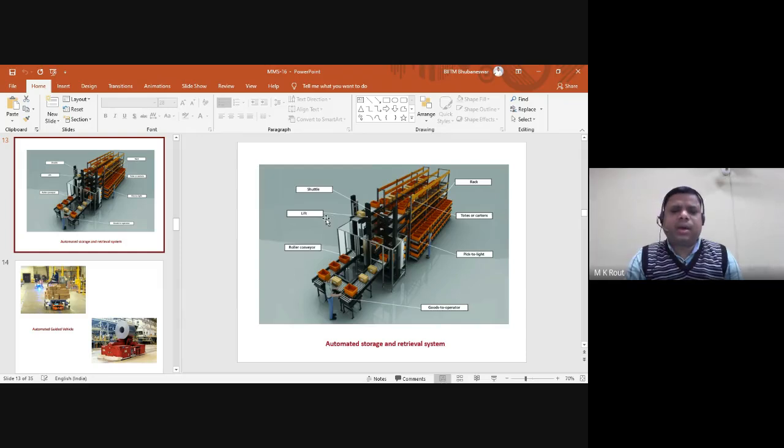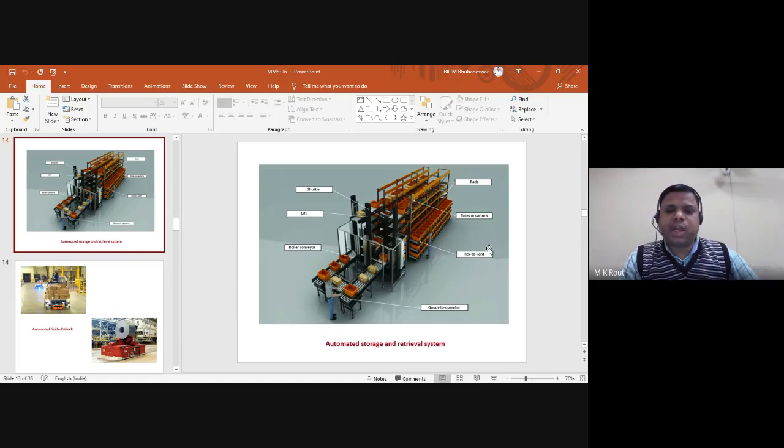Then it also consists of a lift, roller conveyors, and different racks according to the job specification, size, and weight. Then there are totes or cartons, which can easily transport the material from the rack to the conveyor, or from the conveyor. With the help of the lift, it reaches the operator level.